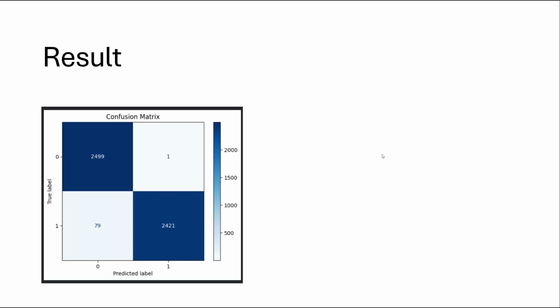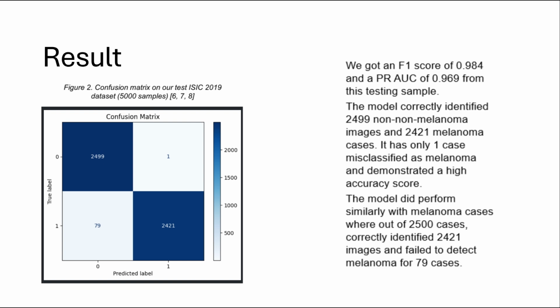So, what are the results? Using a confusion matrix and ISIC 2019 for testing, we take a sample of 5,000 images from that dataset. These are unseen data that have not gone through the training phase or the validating phase. And the results are really promising.